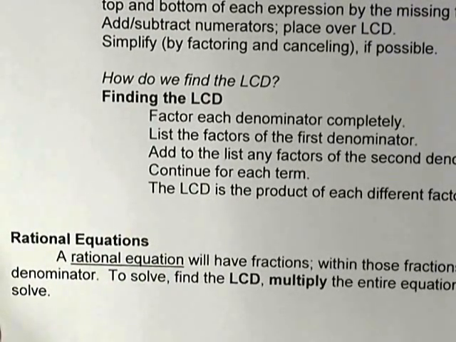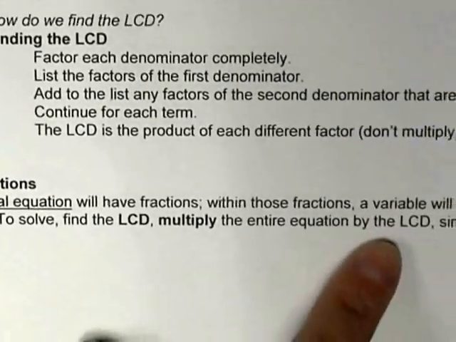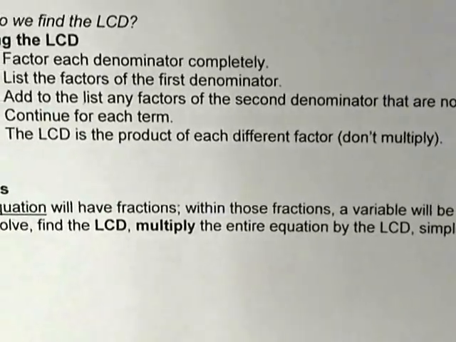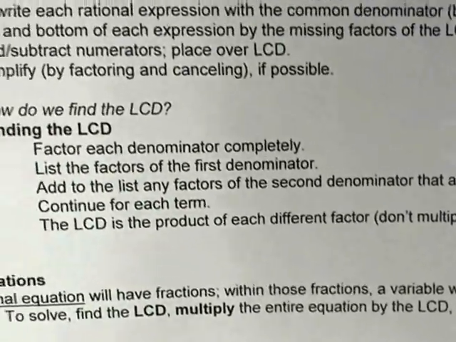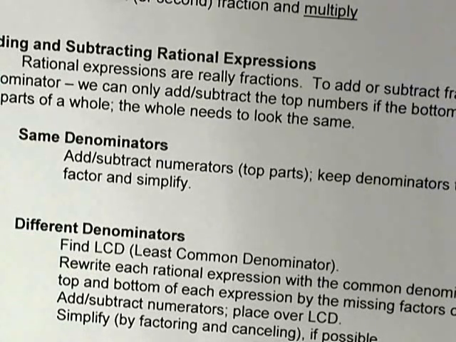Finally, solving rational equations, you're still going to find the LCD, but in this case you're multiplying the entire equation by the entire LCD and then solve from there. That'll get rid of your entire denominator so that you can have either a linear or a quadratic equation that'll be easier to solve.